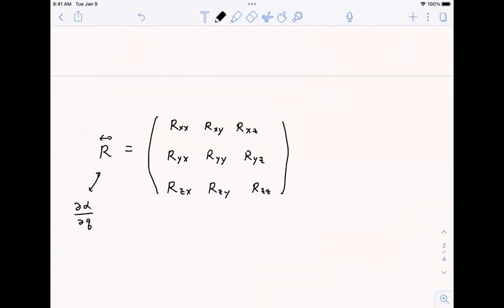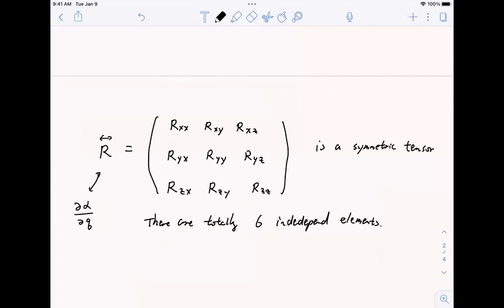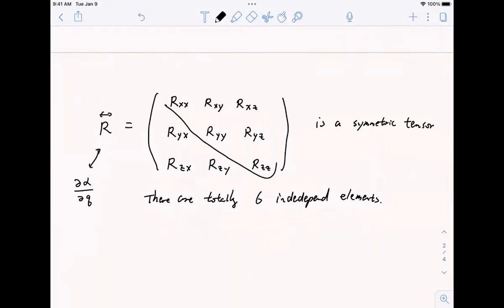Alpha, the polarizability tensor, is a symmetric tensor. A symmetric tensor after you take the derivative is still symmetric, so the Raman tensor is a symmetric tensor. So there are totally six independent elements, and we only need to consider six of them.